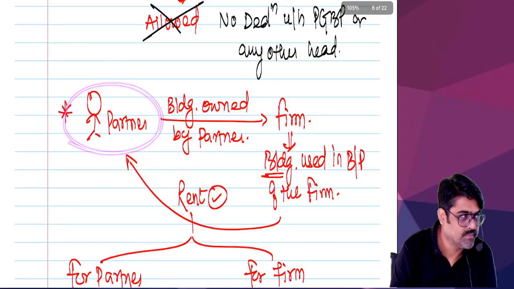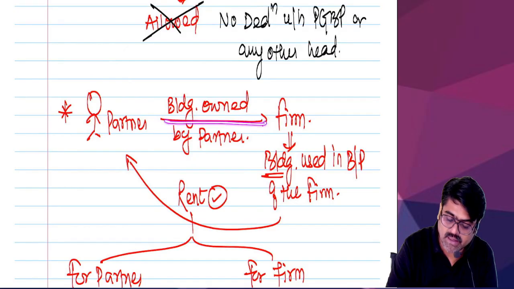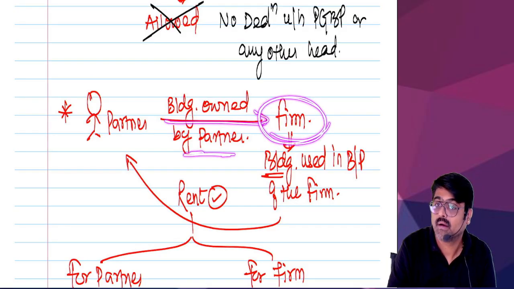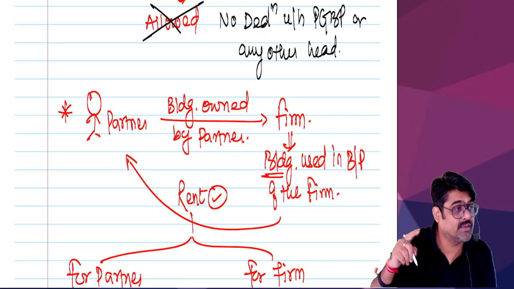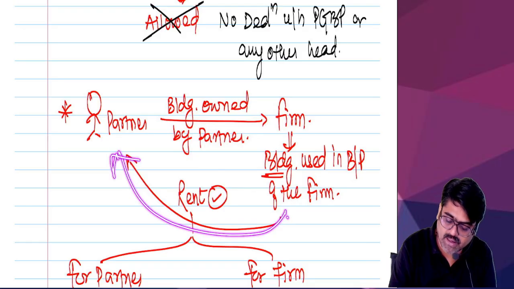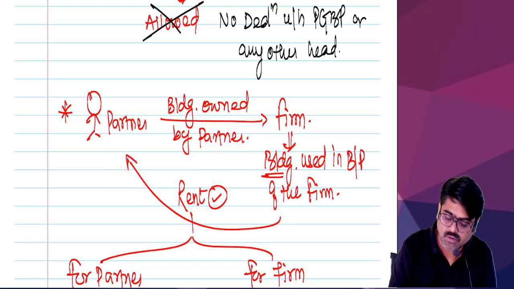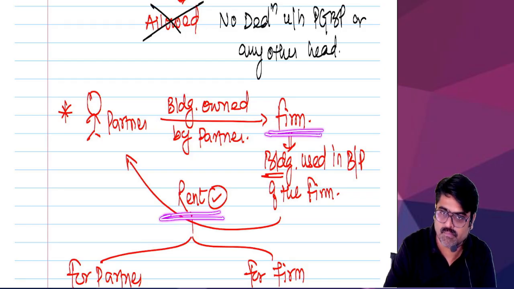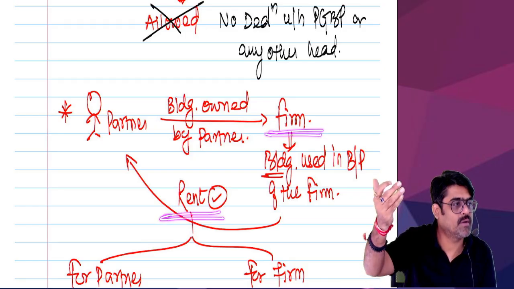Next one. Bhagyashree is owning a building, and that building is used by a firm where Bhagyashree is a partner. Yes or no? And for that the firm is paying rent also. So that rental expenditure will be allowed as a deduction from the business income of the firm.